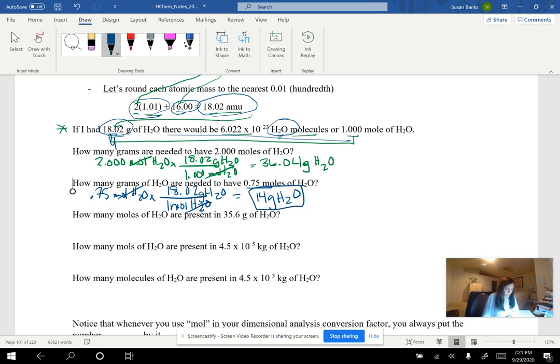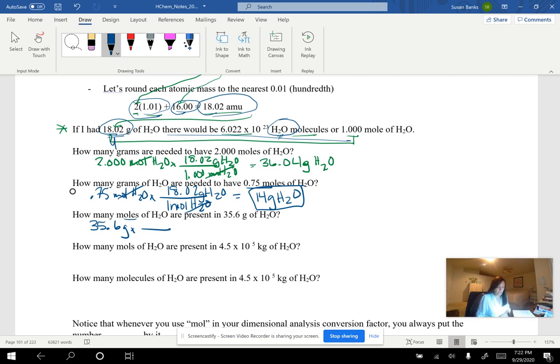Okay, so do you think I can go the other way? So if I start with grams, can I tell you how many moles of water I have? I sure can. So I'm going to start with the 35.6 grams of water. And in this question, it asks me how many moles I want.